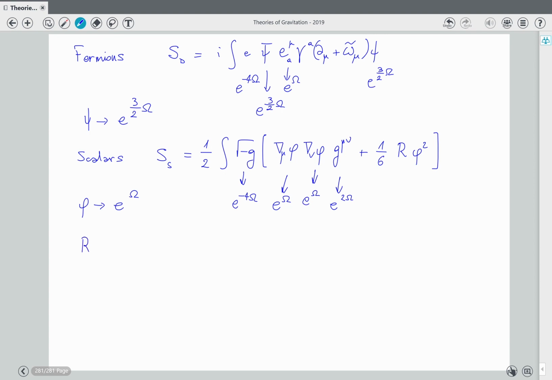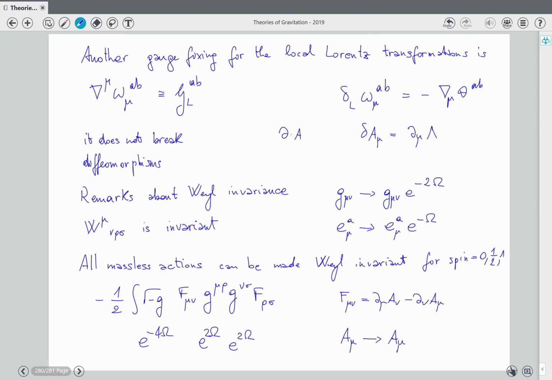Well, the property is that R transforms as follows. You have to change the notation.